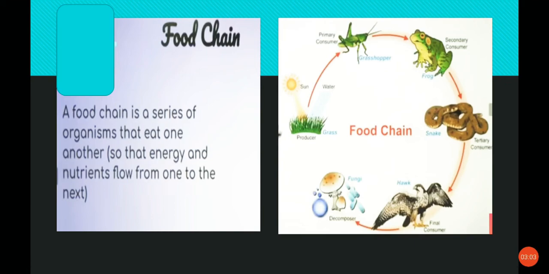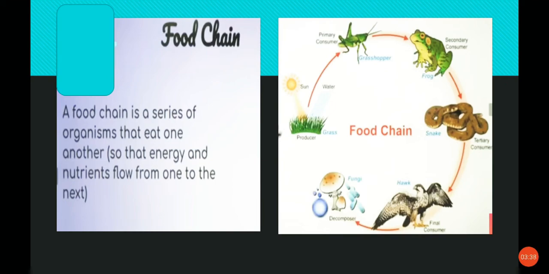All the organisms in the world depend upon another organism for food. So that is called a food chain. It is a series of organisms, a dependency for food, so that energy and nutrients flow from one to the next.